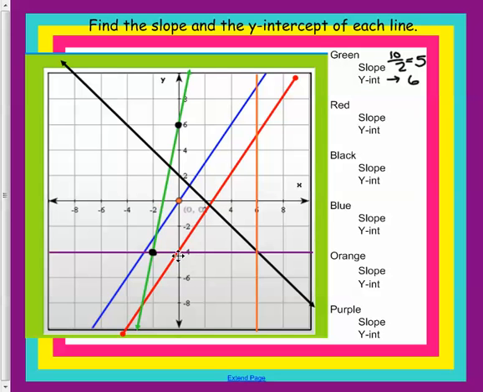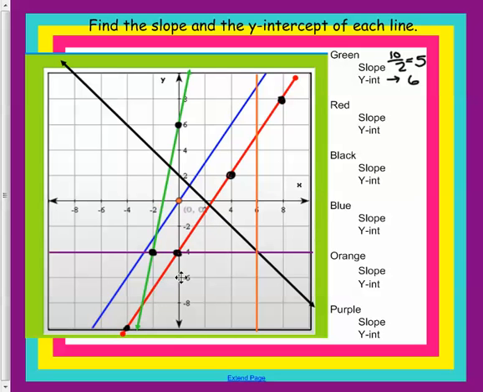Let's look at the red line. Okay, it's crossing through here, not here, not here, not here, not here, not here, and it's crossing through here and here. Okay, so these are our points that we can use. It's also crossing through down here.